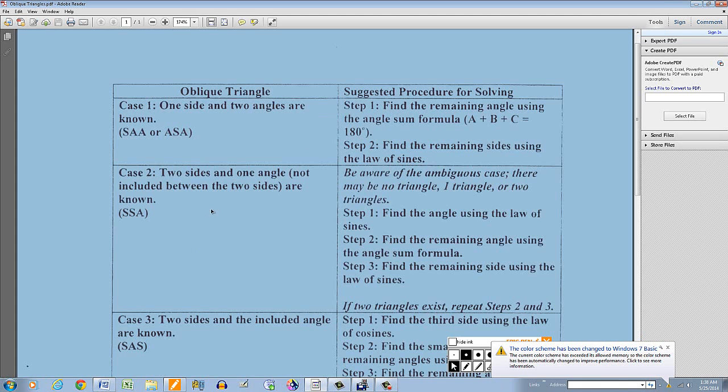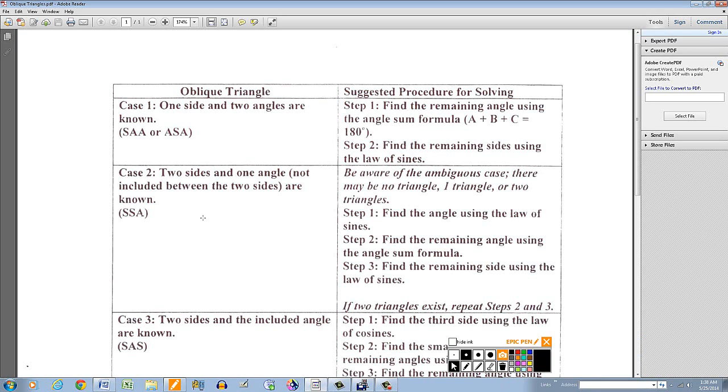And case 2, where you're given two sides and the angle opposite one of the sides, that's the case that can lead to either no triangle, one triangle, or two triangles. In this particular video, I'm going to deal with the first case where you're given the two angles.